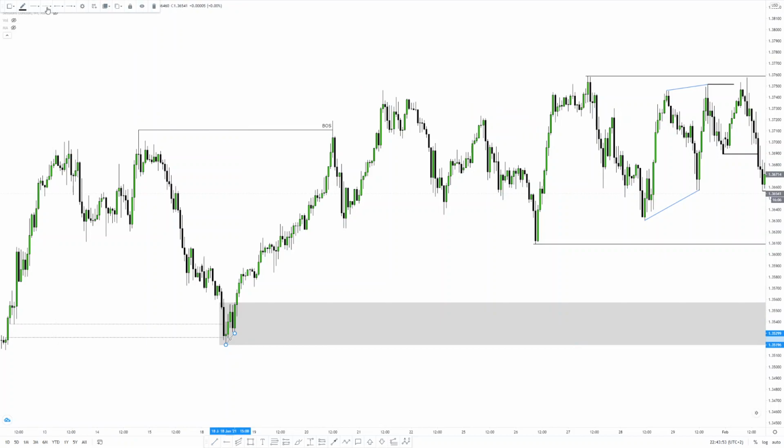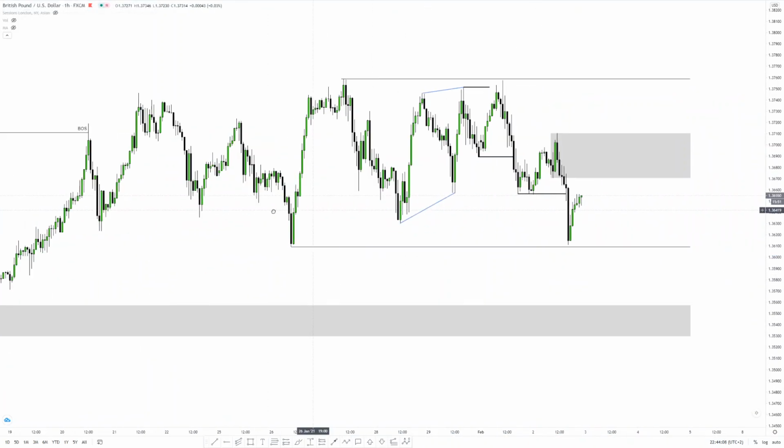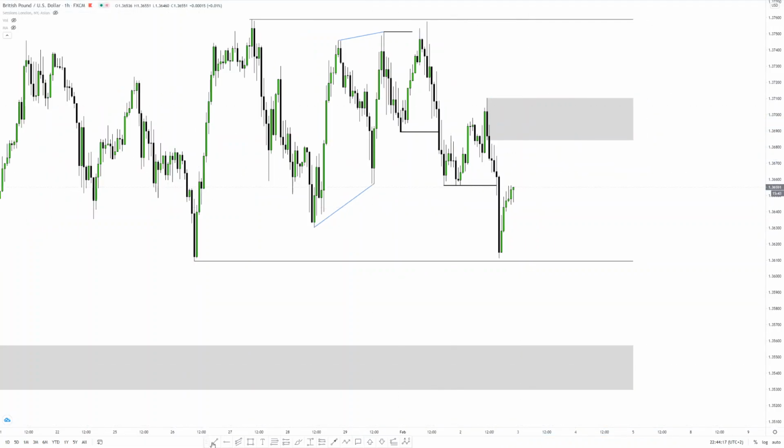shifting market structure there. That's the area where we want to find support from. And then tomorrow, possibly trade back.